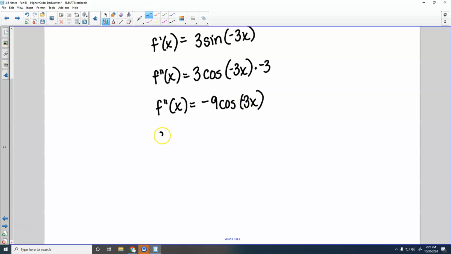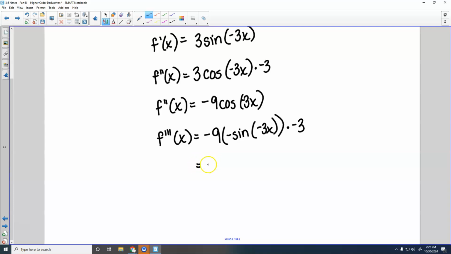Then, my third derivative here, I've got the negative 9 is just a coefficient, so I can leave it like it is. What's the derivative of cosine? Negative sine. And I must multiply that by the derivative of the inside, which is, again, negative 3.